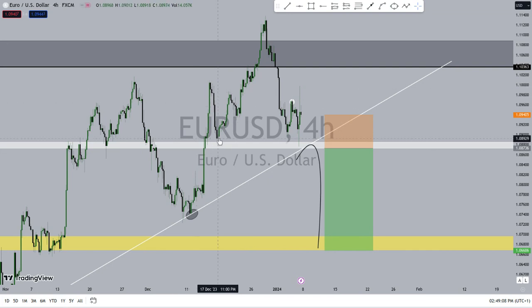You can see there was not much volume or momentum around that holiday period, where the big banks were off the market and there was not too much volatility. So that is why price has been rejecting upon this level.